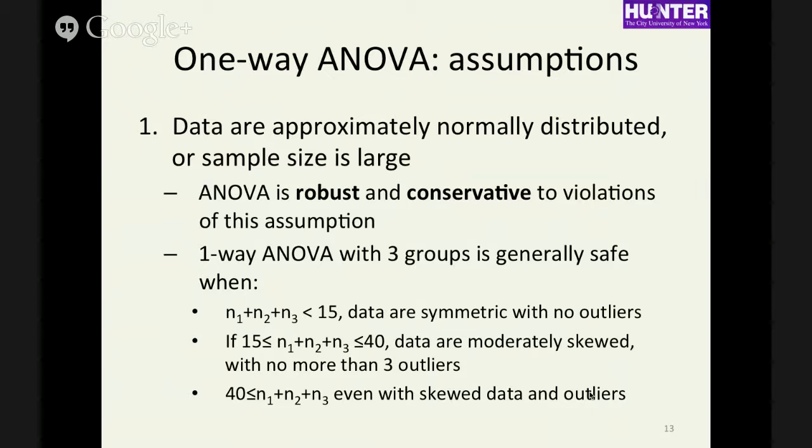It's a judgment call though. But remember that if you get a p-value from your ANOVA and it's under 0.05, you can be pretty confident that there is a difference because it's conservative. Does everyone understand what I mean by conservative now?